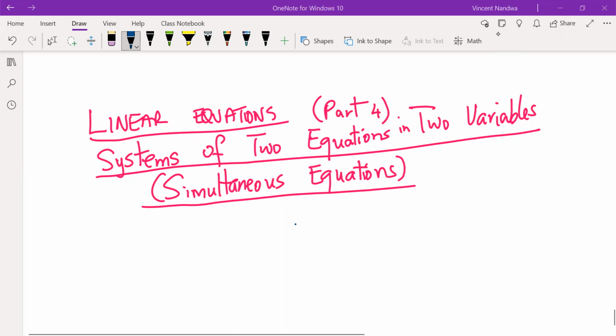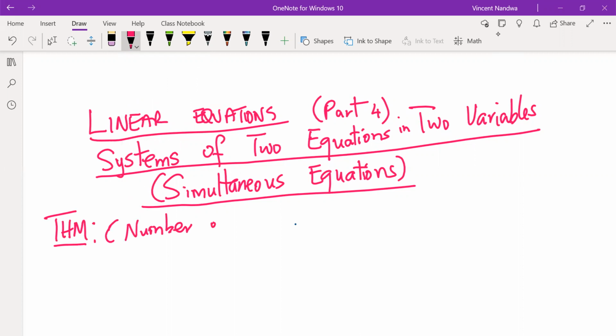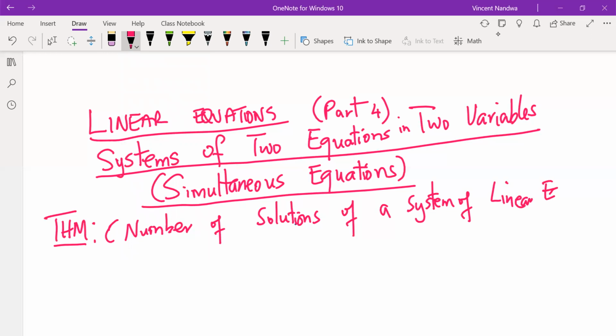So theorem. This theorem is about the number of solutions of a system of linear equations. This works for any system of linear equations, not just for two variables or two equations alone.